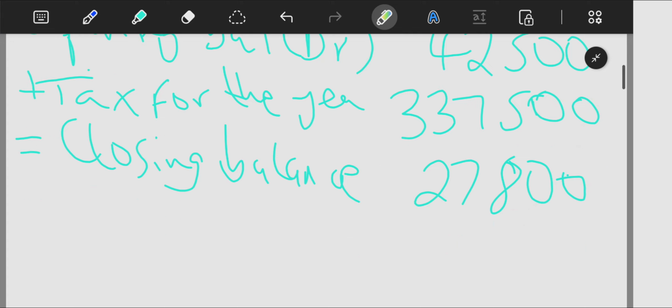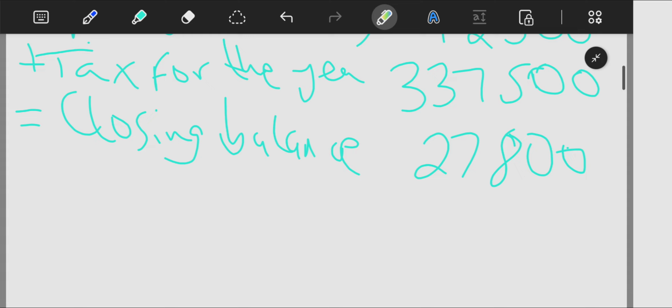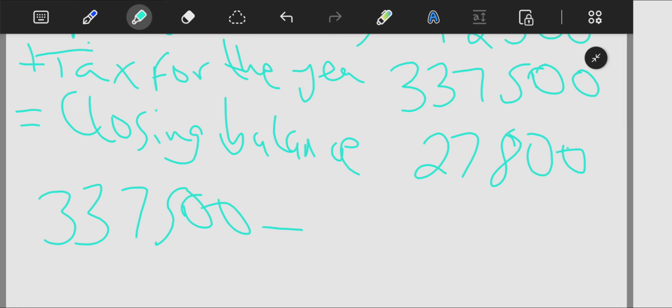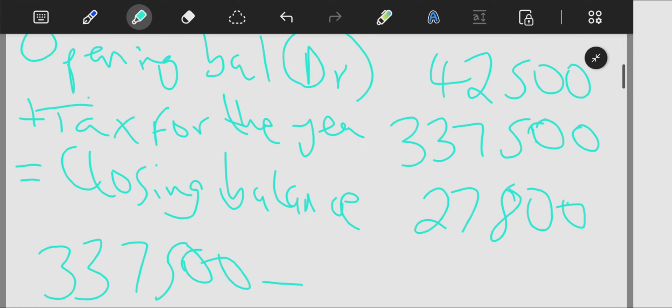Let's do this calculation separately. 337,500, but they still have our money. So how much do we actually owe them? How much money of ours that they still have? 42,500.